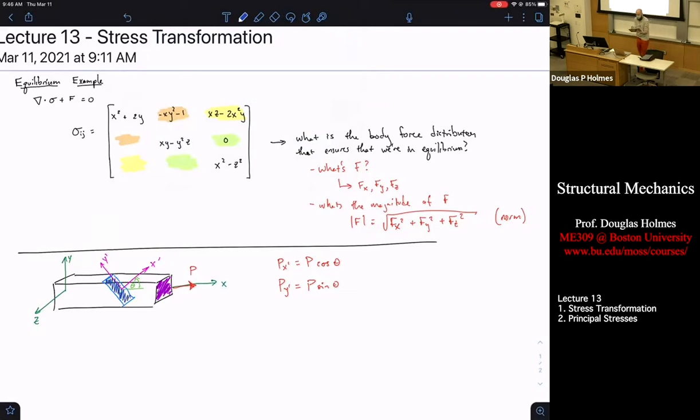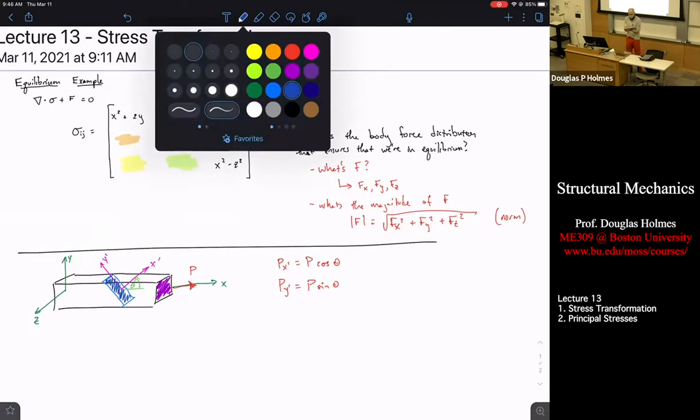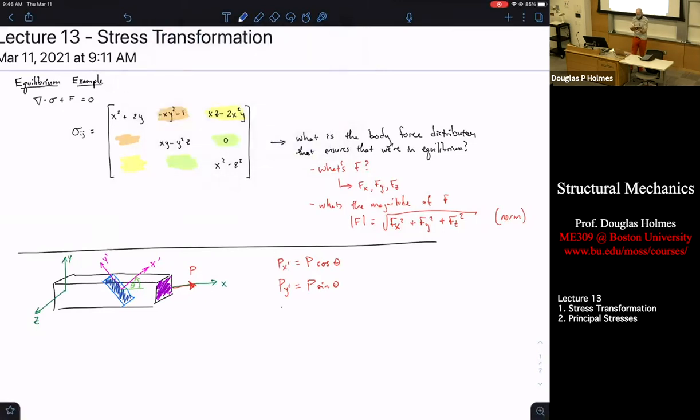So we have to transform the area too. So that my area, let's do this a different way. Let's do this over here. So that my area in the new plane is going to be my old area divided by that cosine of theta. And in my y direction, of course, divided by sine.